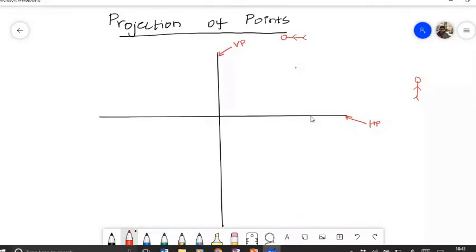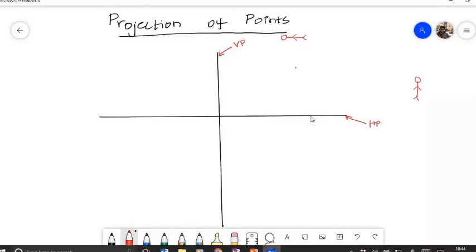From here, if I want to describe the position of the point, how will I describe it? Can someone try? Sir, its front view projection will be on the vertical plane and the top view will be on the horizontal plane. No. Forget about views. I just want to explain the position alone, like where the point is.